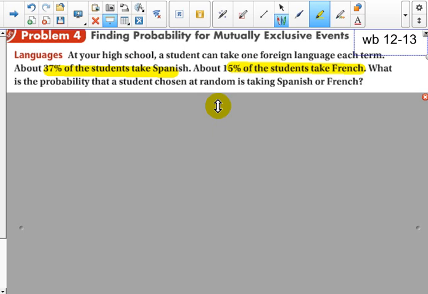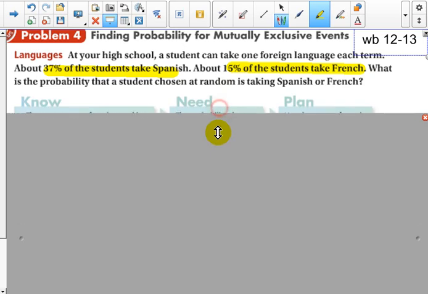Well, they're not talking about 100% of the school here, right? They're talking about 37 and 15 out of the whole student body. So you could say 37 over 100 take Spanish, and 15 over 100 take French, right? So let's use that rule.